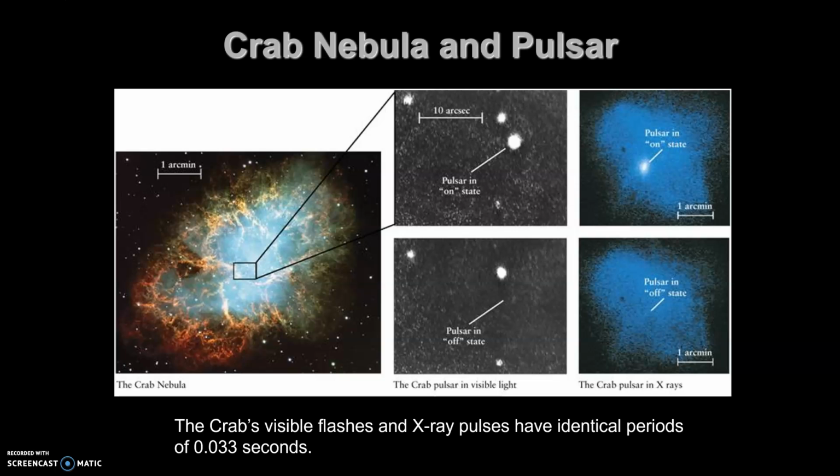If we take a look at other nebulas and pulsars, we see the Crab flashes and X-ray pulses are identical, with periods of 0.033 seconds. We can see different on and off states, so we can see that extra radiation occurring here.